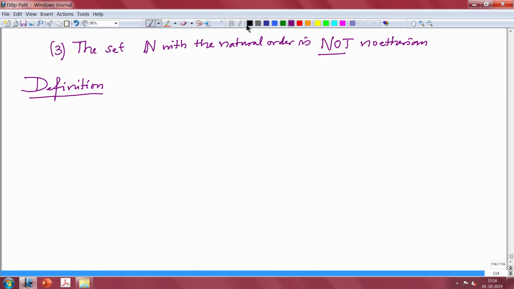For today, our x, less equal, is always an ordered set, that is fixed notation for today. But still maybe I will write in the definition: let x, less equal, be an arbitrary ordered set.